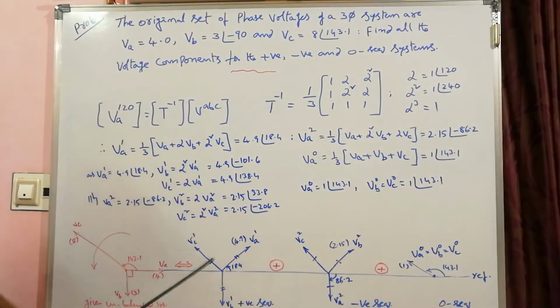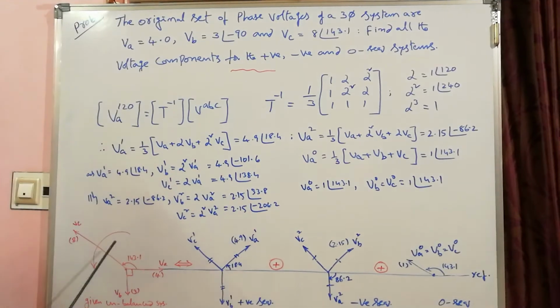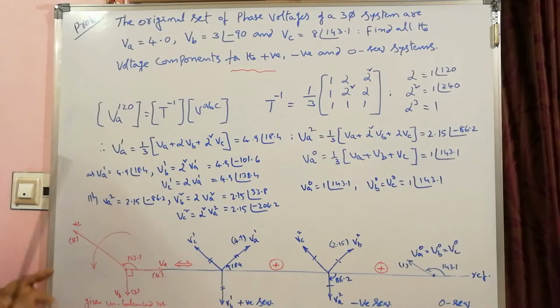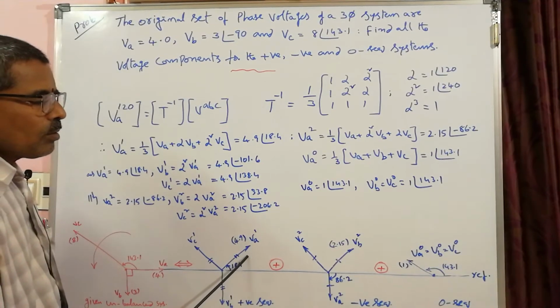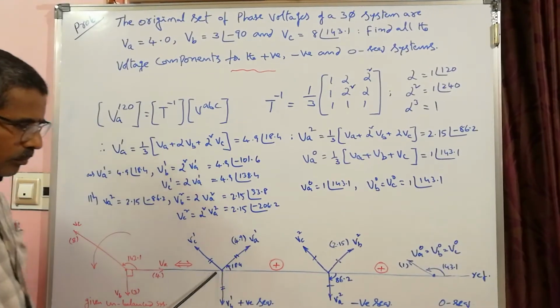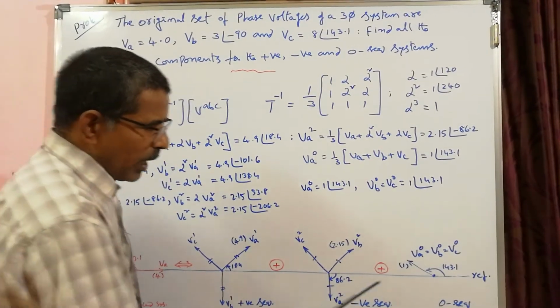Now you can see that this plus this plus this, you are going to get this, that you can verify. You add VA1, then VA2, this one, and VA0.